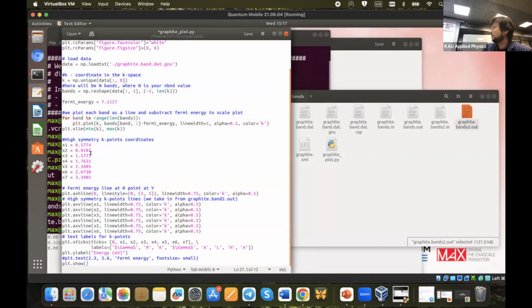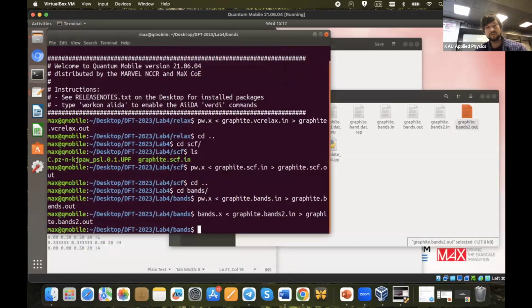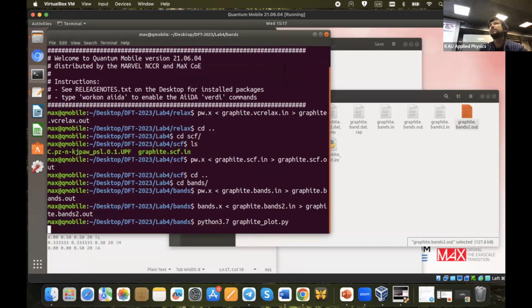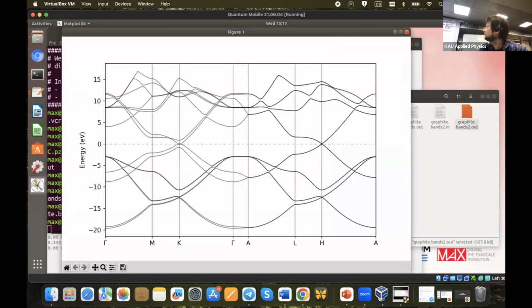I place them here, and then I draw the lines and type these letters, and I can just run Python 3.7 and then this graphite code. You also got this, yeah?